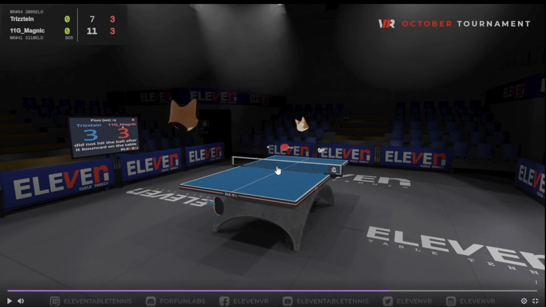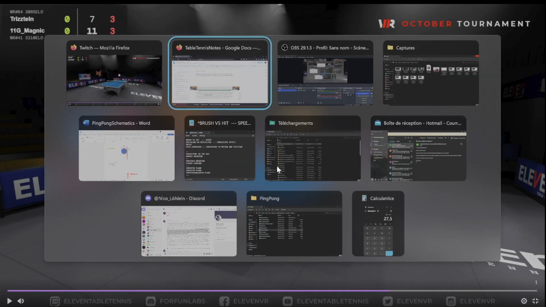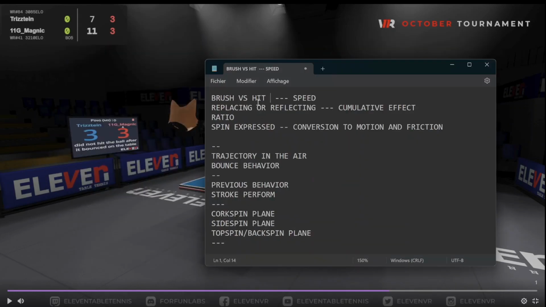So I would like to introduce some concepts of mine. It's not like I've invented anything here. I'm just using words that, in my opinion, best describe what I'm about to explain. They are the concepts of brush versus hit. This is already explained in some other videos out there.